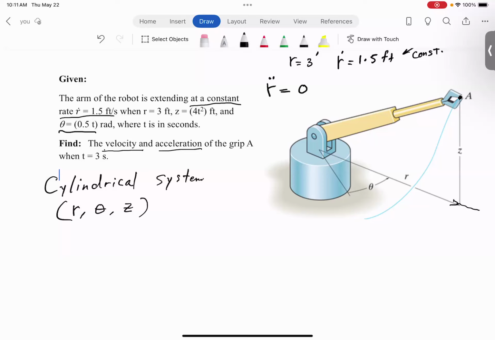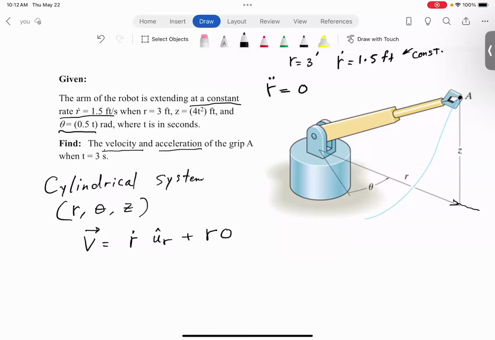In this coordinate system, velocity, which is basically the derivative of r, and you can look at the derivation of it, I probably will make a video on that, happens to be, there are three components of velocity. One is the radial component, which would be r dot, multiplied by the unit vector u sub r. That's the radial unit vector.